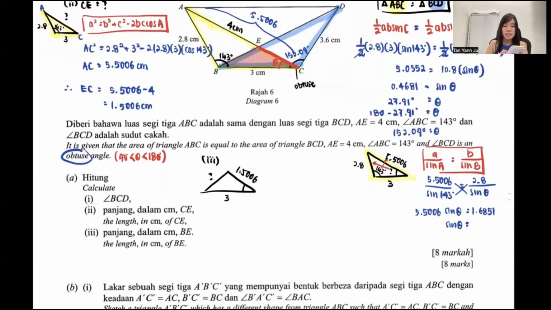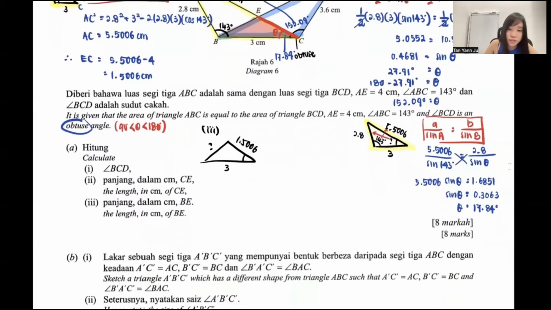Move it over, divide by 5.5006, and get 0.3063. So theta: move it over, shift sine, gives 17.84 degrees. So this part is 17.84 degrees, and here also 17.84.